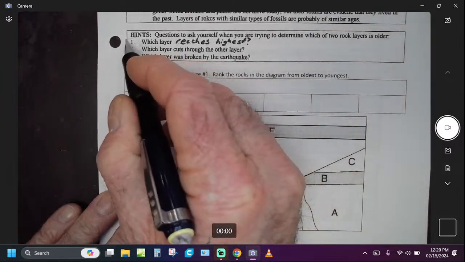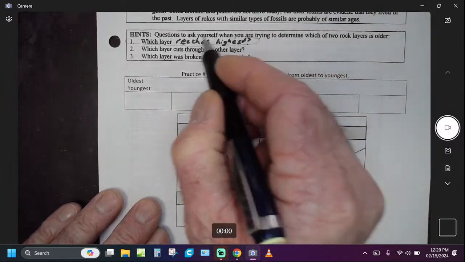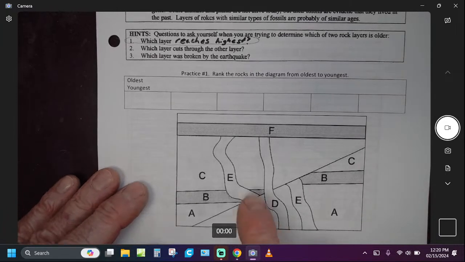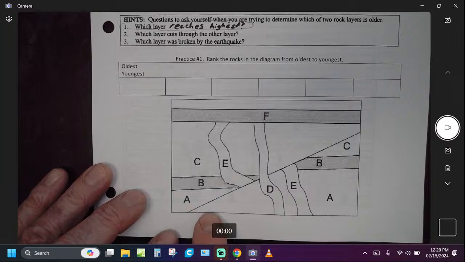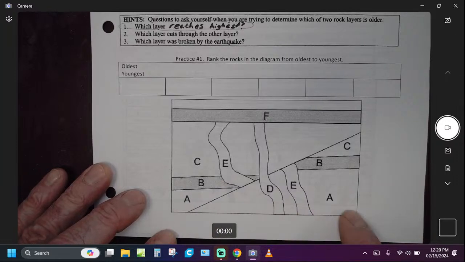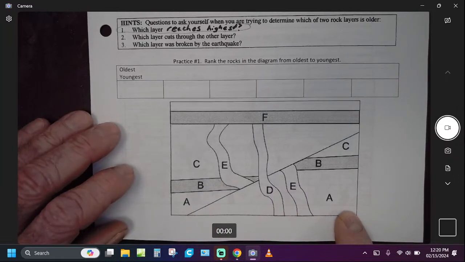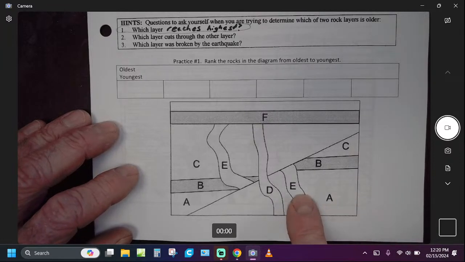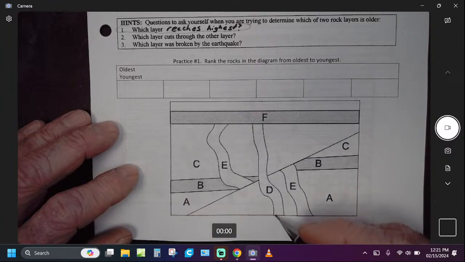So I'm going to keep asking myself question number 1, going from the bottom until I need to switch to a new question. So if I go to the bottom and I look at how high the layers reach, I've got A and E and D. All those are right at the bottom.